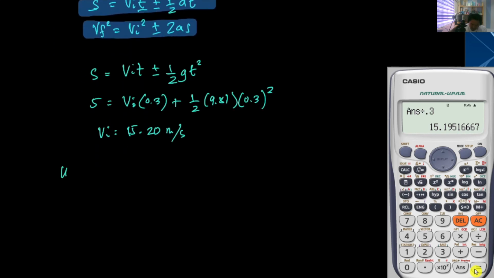Using formula number 3, Vf squared equals Vi squared plus or minus 2AS.